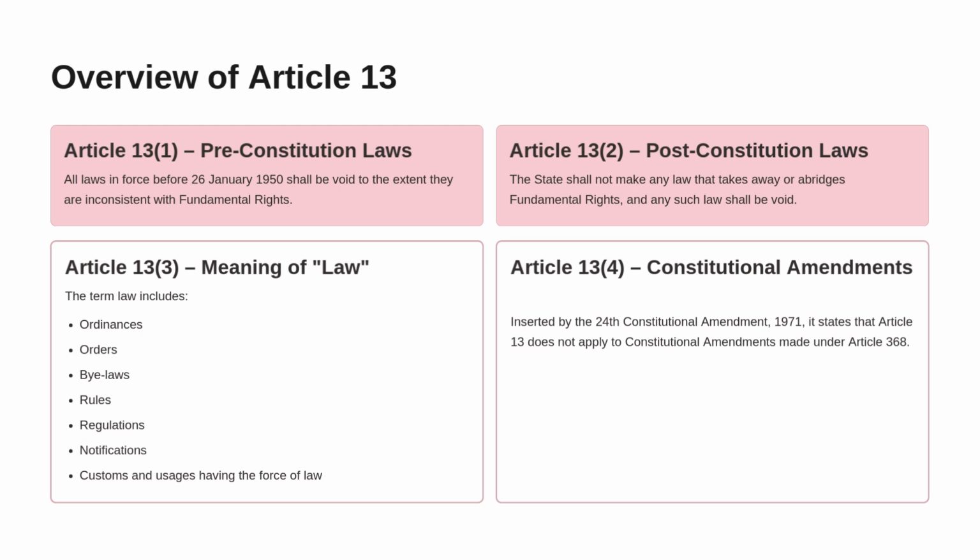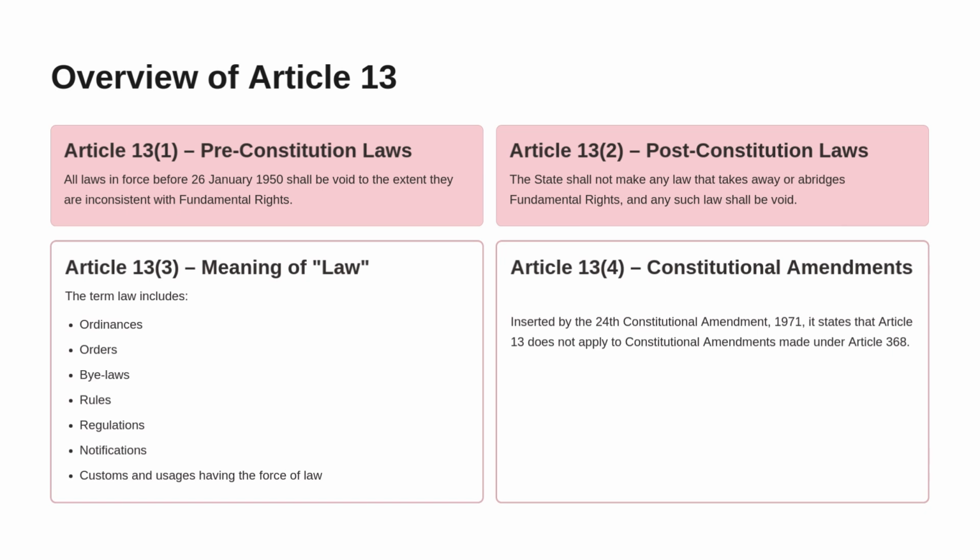Article 13 clause 2 talks about post-constitutional laws. It states that the state shall not make any law which takes away or abridges fundamental rights. So now here you have to keep in mind, earlier we were talking about the laws that were in existence prior to the enactment of the Constitution, and now we are talking about those laws that will be framed once the Constitution has been adopted.